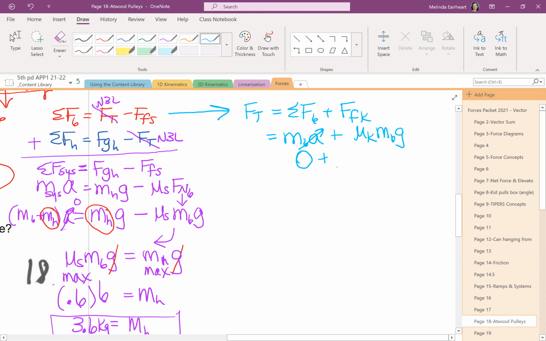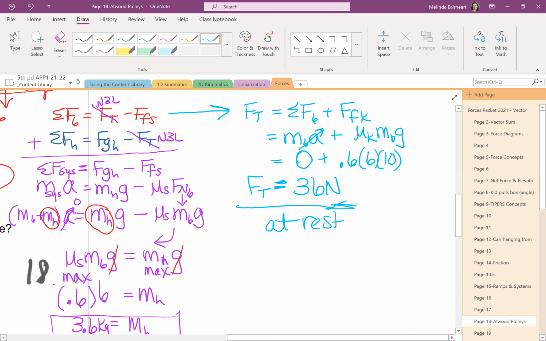Mu k was 0.6. Mass is 6. Gravity's 10. And so the tension is really just balancing the weight. We could have used the hanging weight, but what do we get? Not 3.6, we get 36. So when it's at rest, the tension is 36.